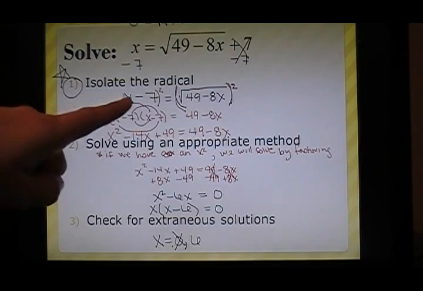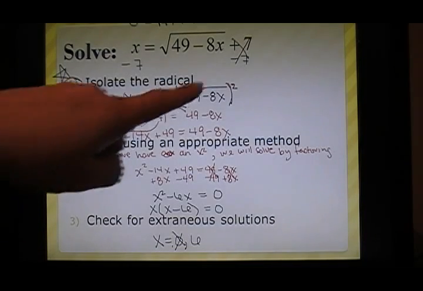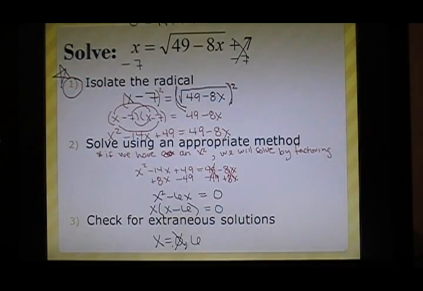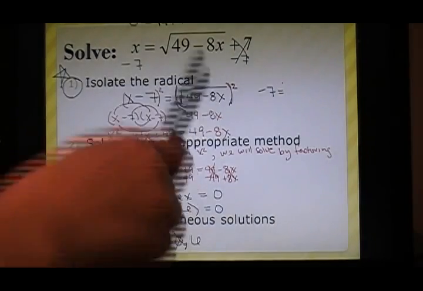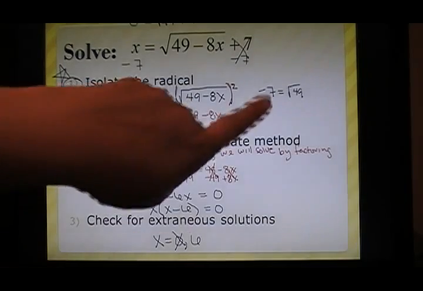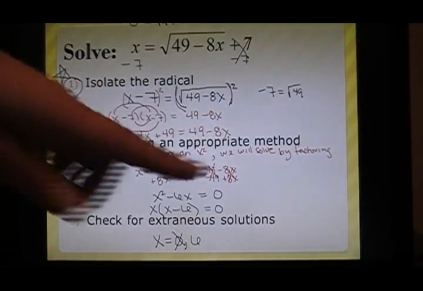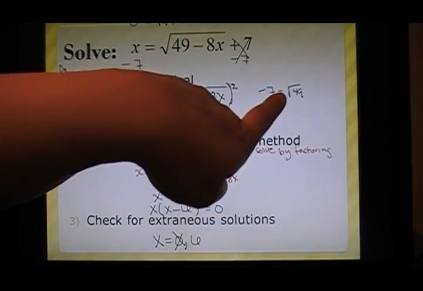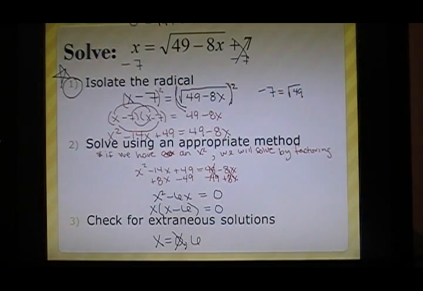Because if you substitute 0 for x, you have 0 minus 7 on the left-hand side, which is negative 7. And 49 minus 0 equals the square root of 49. So what happens is that gives us the negative root. Negative 7 equals the positive root of 49. That's a false statement.